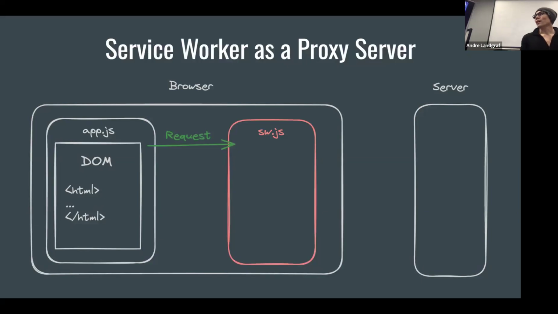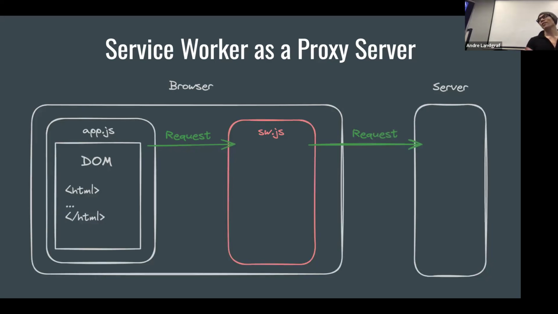Okay, so when we send a request now, and if we have a service worker, one of the features of a service worker is that it can intercept all fetch requests. So whenever you make a fetch request, it actually goes to the service worker first. And in the service worker, you can do anything you want to do with that request, including just sending it right through towards the server.